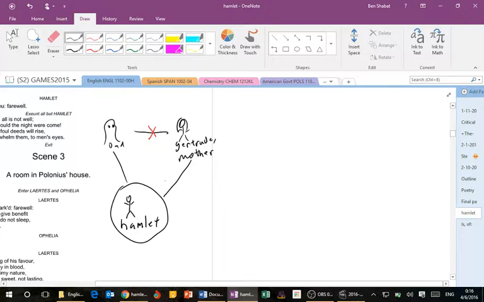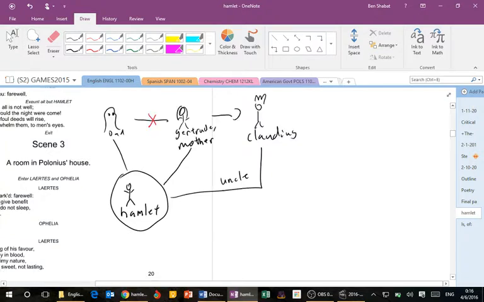Who has meanwhile gone ahead to marry his uncle, that being Claudius. So that's the family structure for Hamlet.